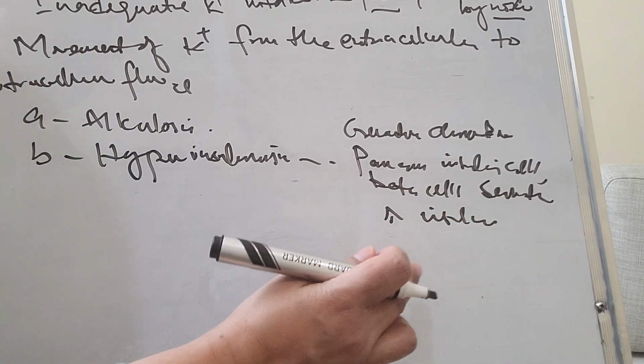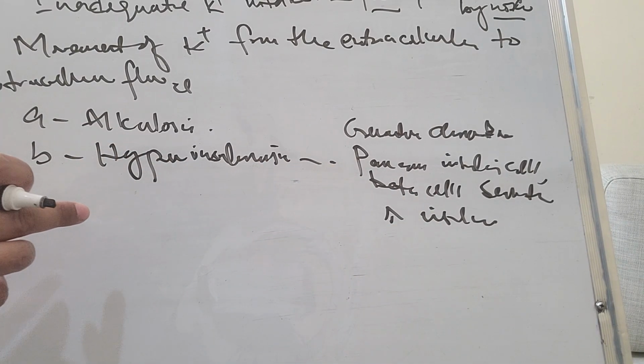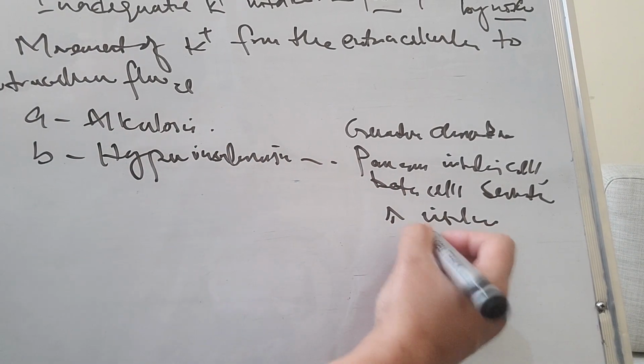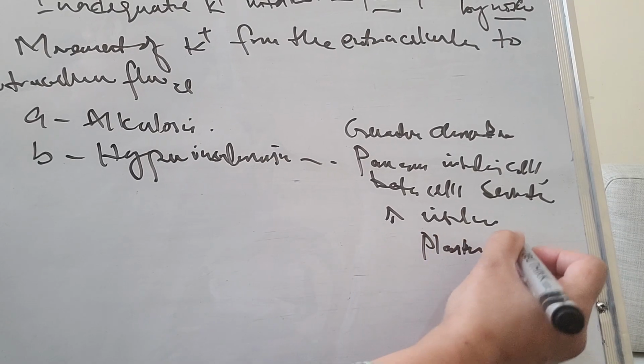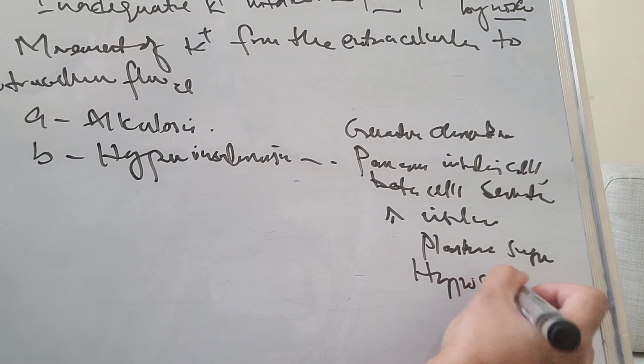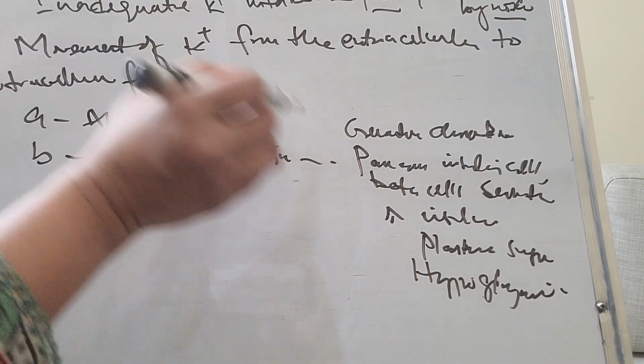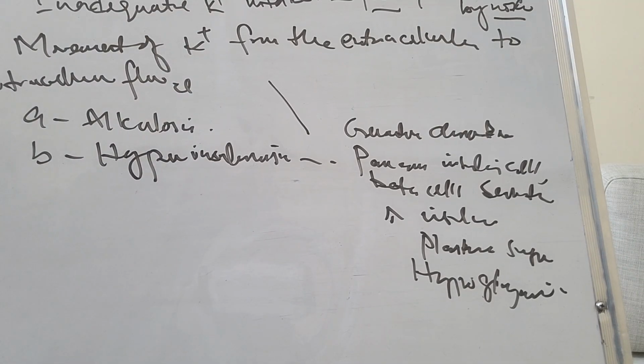So due to too much insulin, the patient has less blood sugar, less plasma sugar, and that is hypoglycemia. In this state also the patient has hypokalemia.